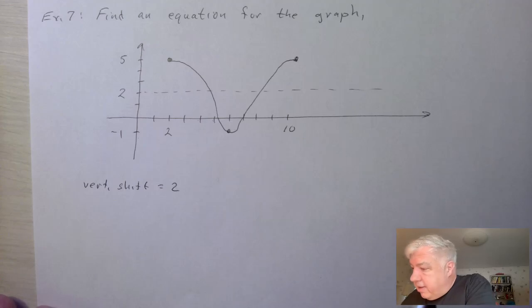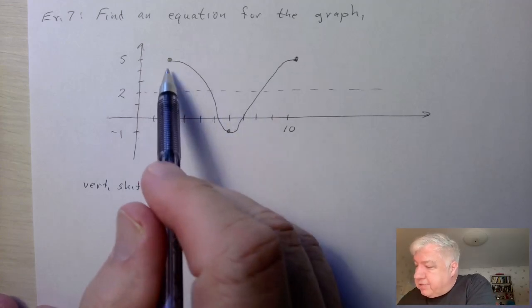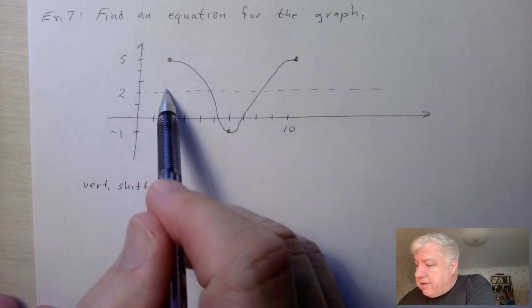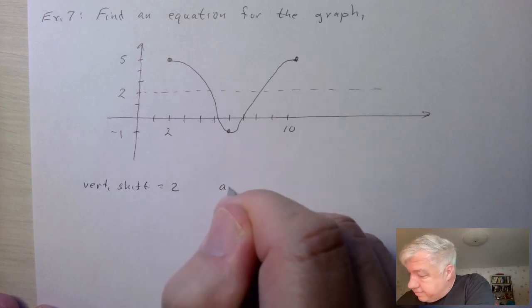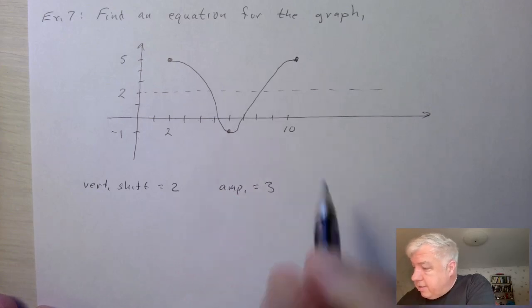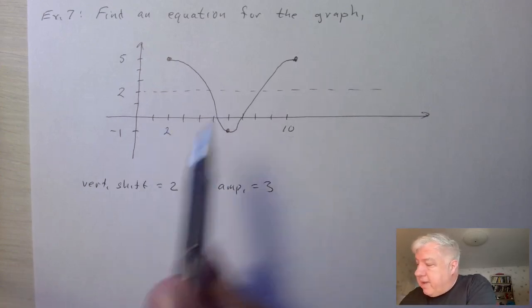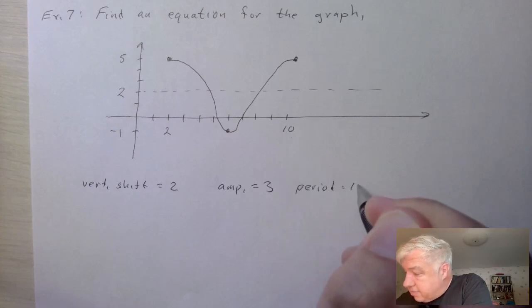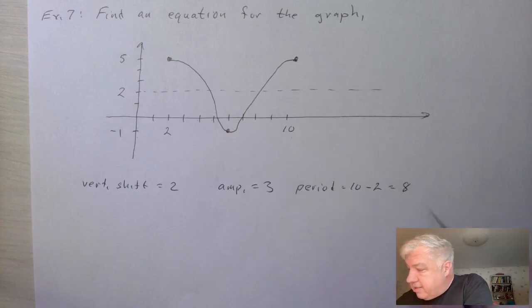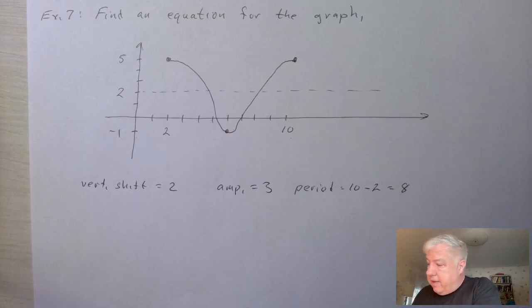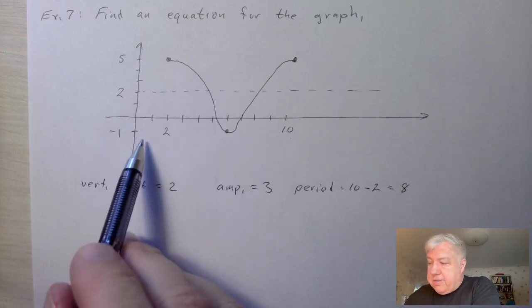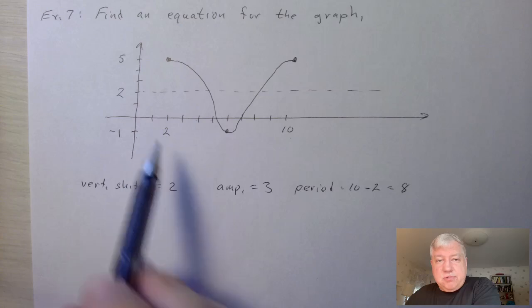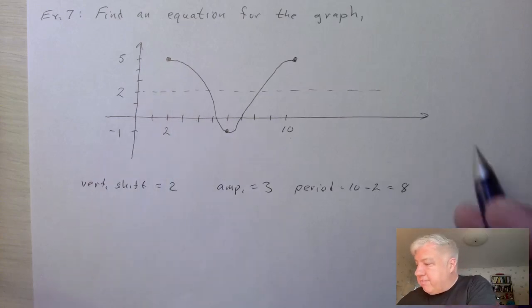Okay, then in that case the amplitude is the distance from here to here, that's 3. The period is 10 minus 2, which is 8. All right, and it looks like the phase shift is 2 itself. That's when this cycle begins.